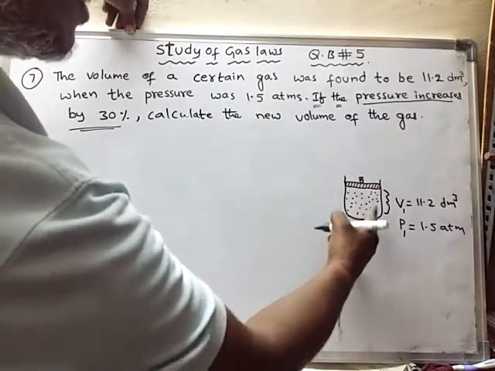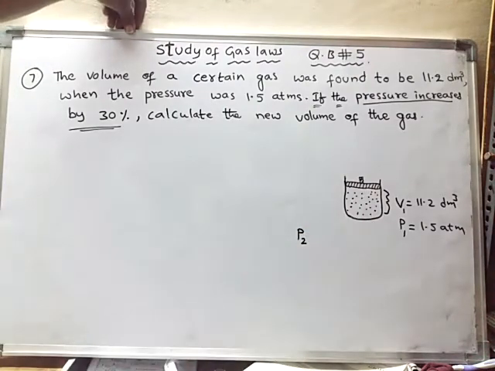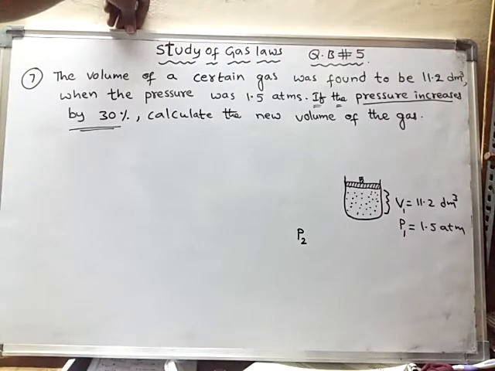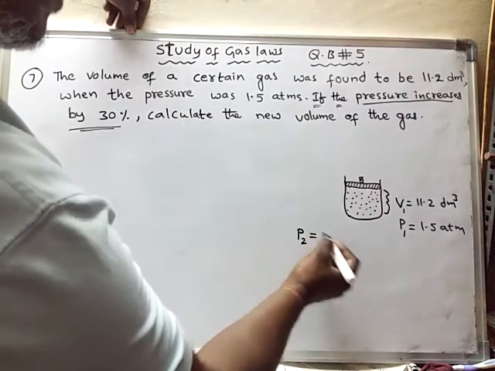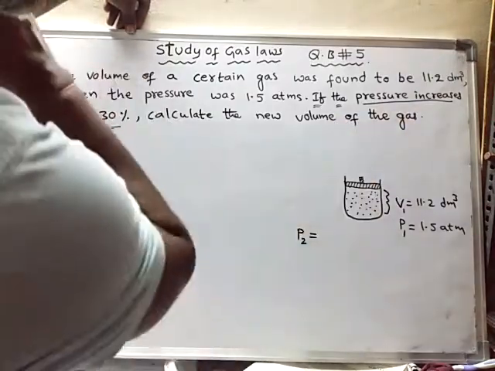As pressure is increased, the new pressure will be P2. P2 is the final or new pressure. How much will the new pressure be?